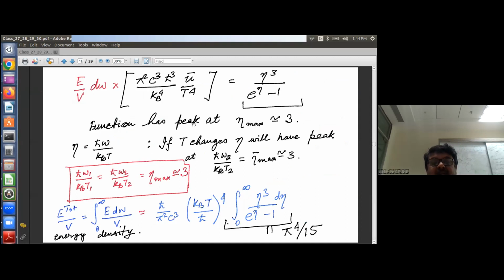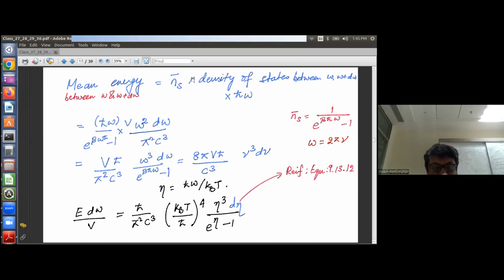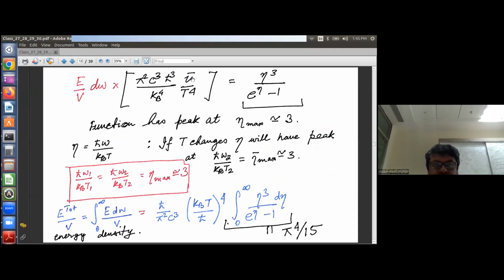Now, just to look at it, the energy density, if you convert, what has been done is all the constants have been taken to the left hand side of the equation. So you have energy density d omega into these constants, right? So what is this u bar? Okay, so this energy density is u bar.